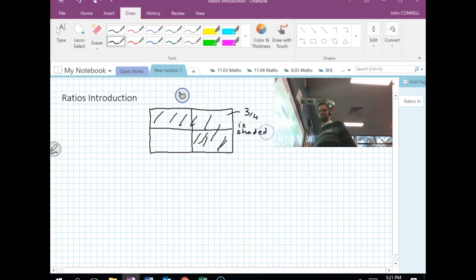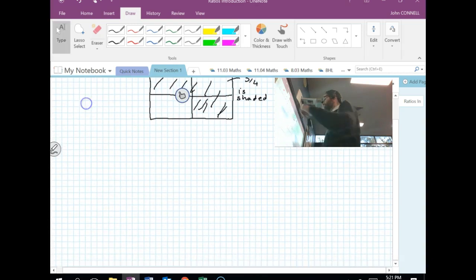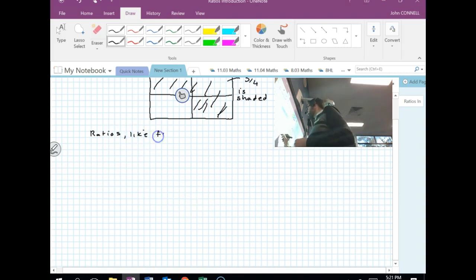But ratios give us another way to describe parts of a whole and their features. So, for example, I could say that ratios, like fractions, deal with parts of a whole.